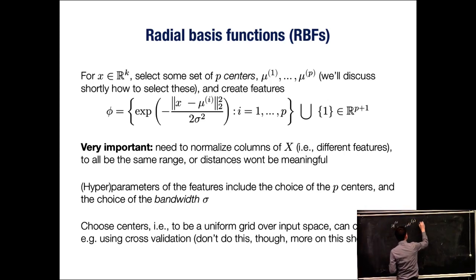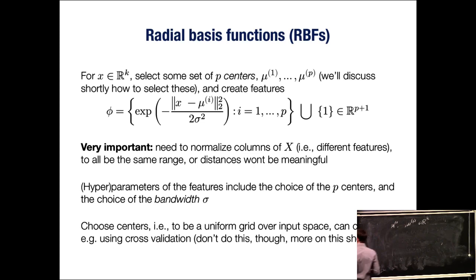And these are all vectors in R^k, that's the space of the underlying raw inputs. And an RBF feature is just an exponential of the negative squared distance between those means and the data point itself.